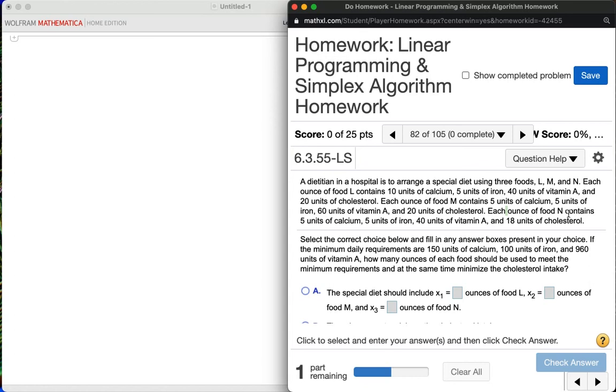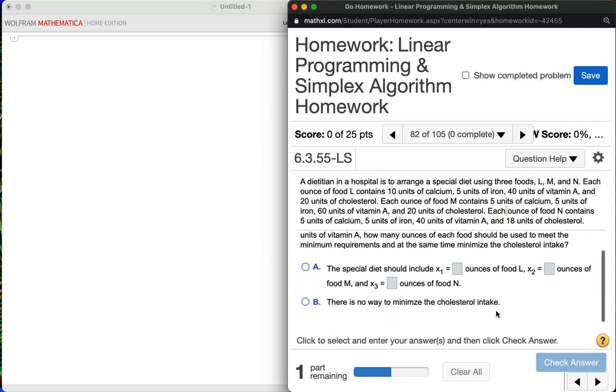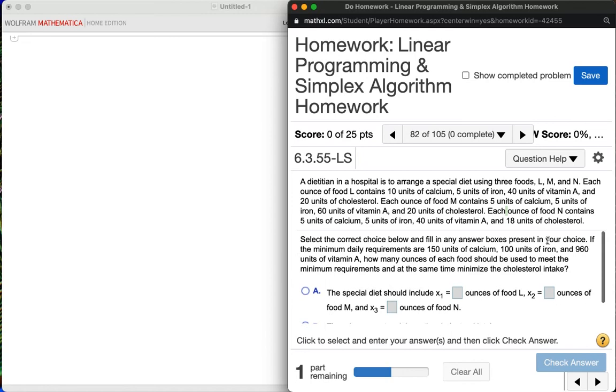So I have to figure out. Okay, so they're using X1 ounces of food L, X2 ounces of food M, and X3 ounces of food N. There is no way to minimize the cholesterol intake.